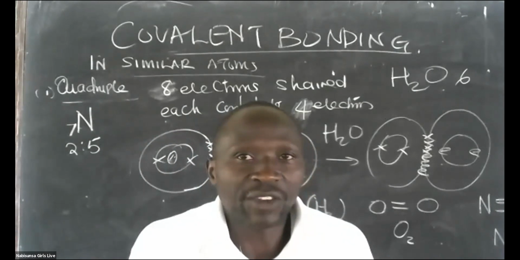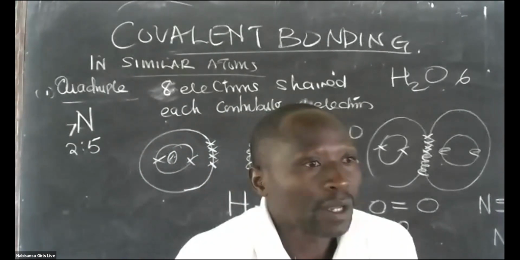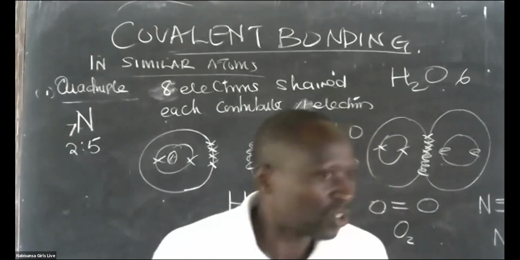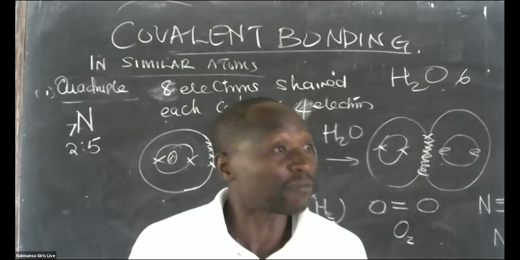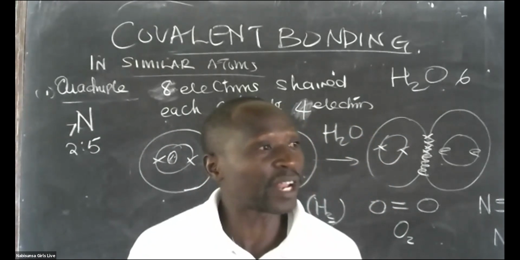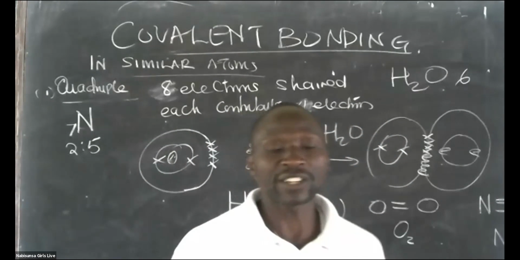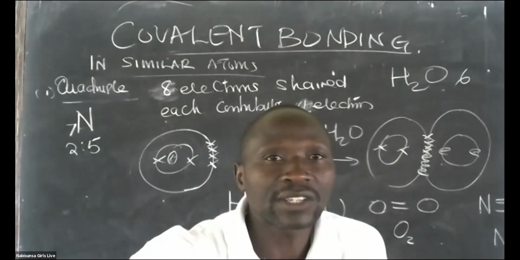We don't study ionic compounds and complex molecules at senior 2, but it's possible. I can give a senior 1, donate to a senior 1, and at the same time donate to a senior 2. Those are two different people. And therefore, the compound I form is going to be different than when I donate my electrons to a senior 2 or a senior 3. So that one is possible, but under complex molecules, which we shall look at in our next discussion.